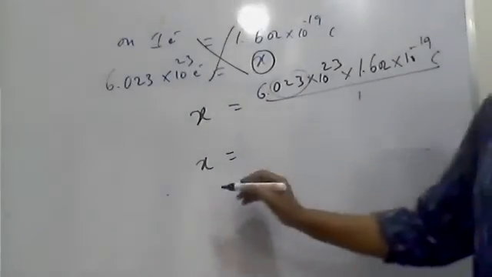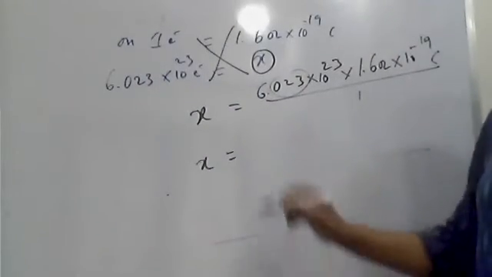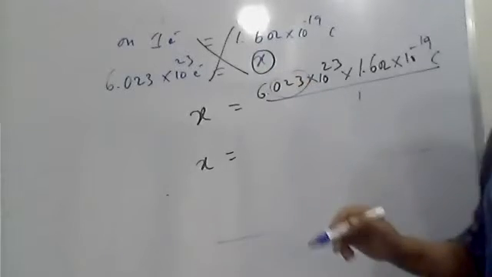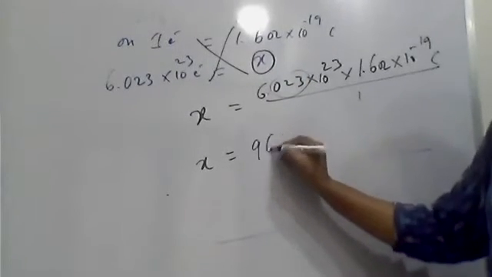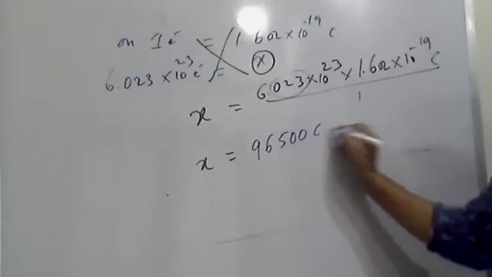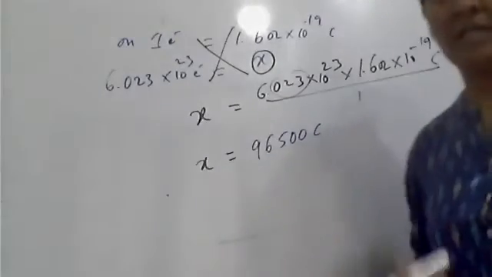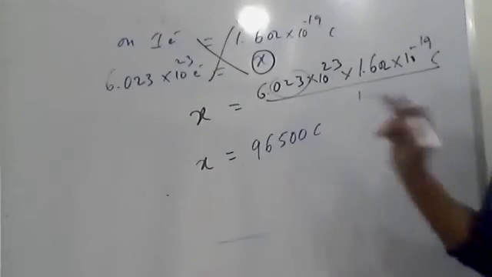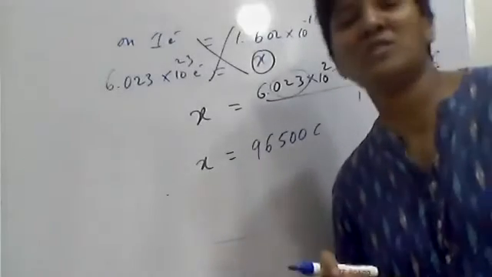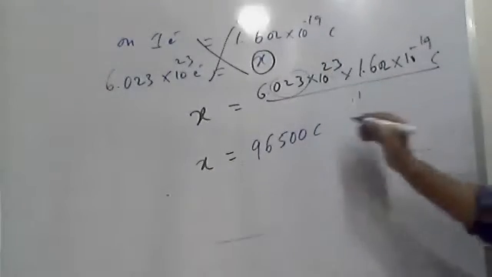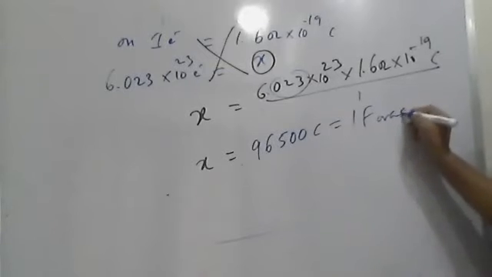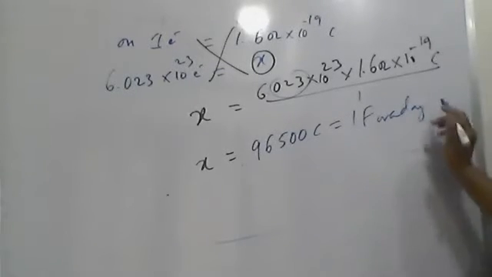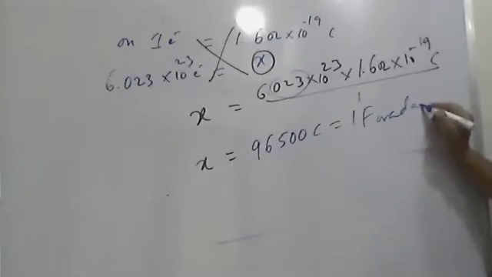See here, the charge of 1 mole of electrons, here X, is given as 96500 coulomb. It is rounded. Actually, it is 96477 something. And this charge is called 1 Faraday.